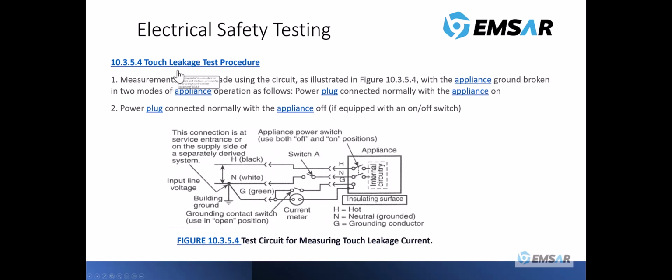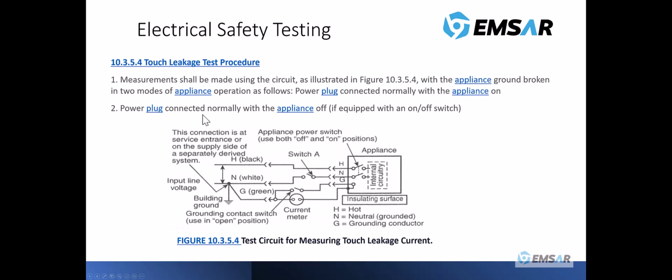Now let's move on to the touch leakage test procedure. The measurement shall be made using a circuit with the appliance grounded and broken in two modes of the appliance operation: the power plug connected normally with the appliance on, and the power plug connected normally with the appliance off.